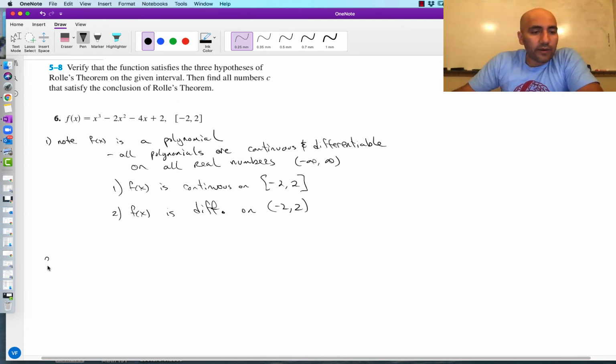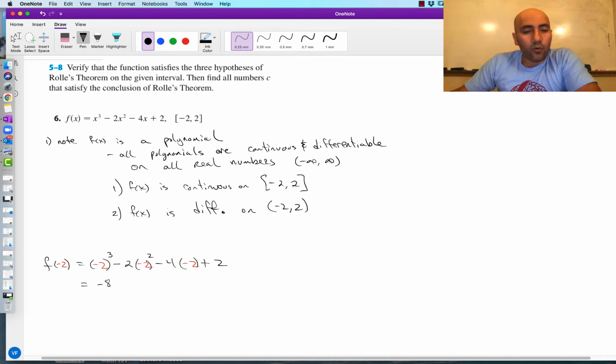So we need to evaluate f of blank equals blank cubed minus 2 times blank squared minus 4 times blank plus 2. So let's start with -2. At -2, -2 there, -2 there, -2 there, we get -2 to the third power. That's going to be -8.